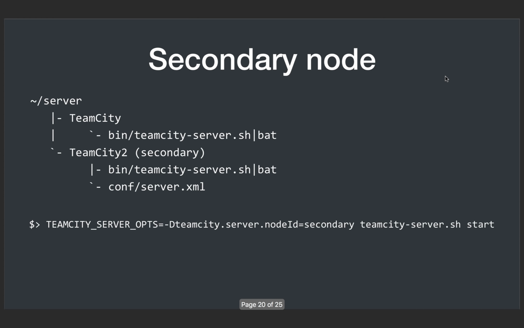To start the secondary node, I have to set up an environment variable called TEAMCITY_SERVER_OPTS, where we assign a Java system property, teamcity.server.nodeId, and give it a value. In my case, I have called it secondary, and then we just start the TeamCity server by using the standard script.